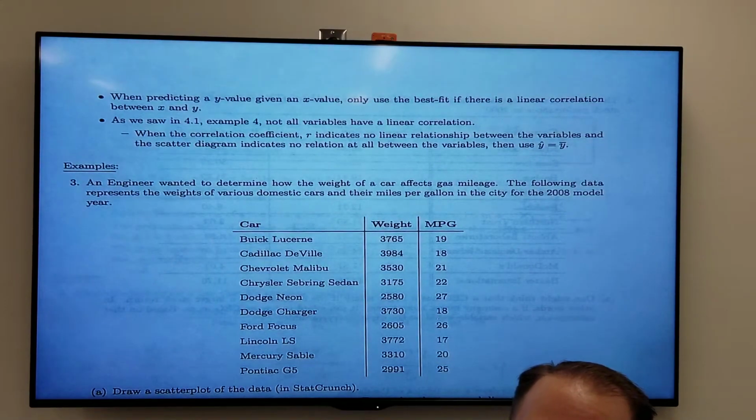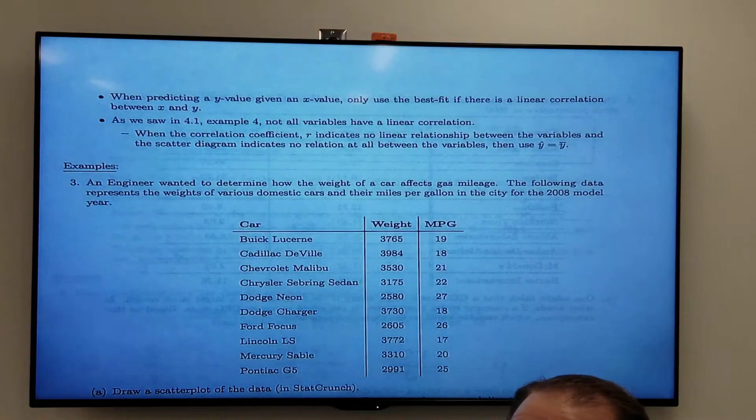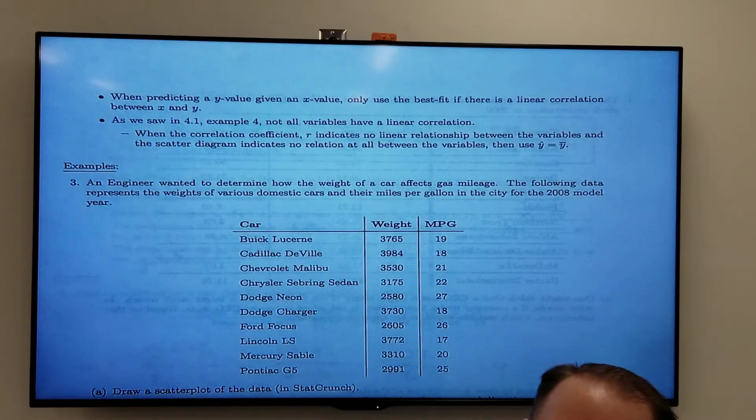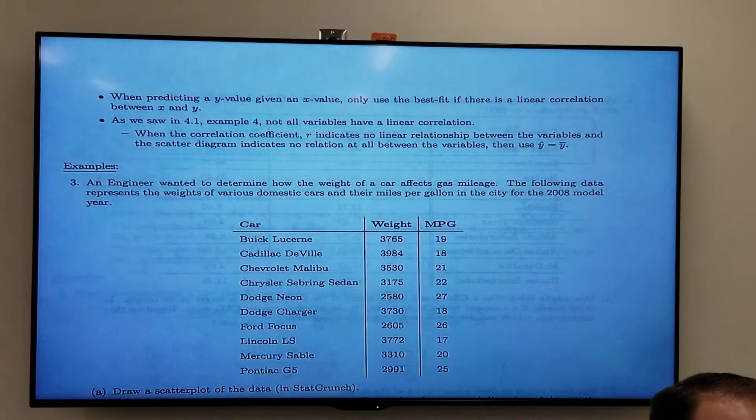If there's not a linear correlation between x and y, then it doesn't make sense to use a linear model to try to make predictions for y based on x. So you only use the best fit line if there's a linear correlation between the variables. And we talked about how to determine if there's a linear correlation between the variables in 4.1.